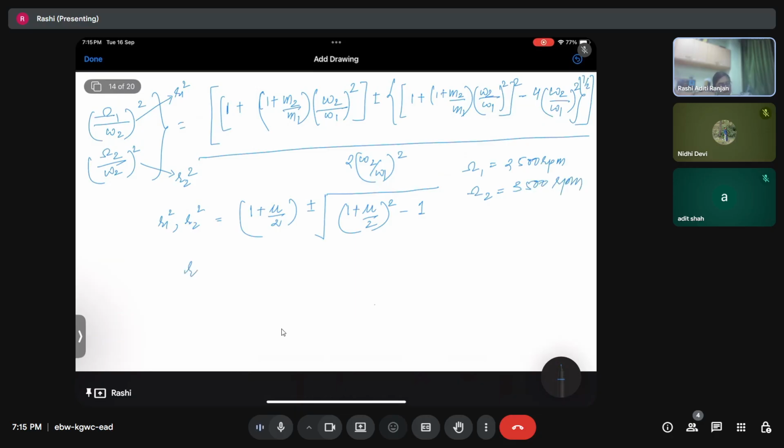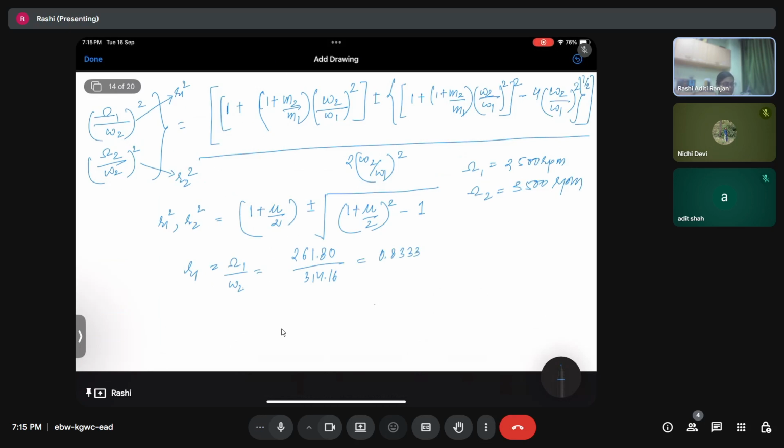So R1 is going to be capital omega 1 by omega 2, which is 2500 in radians per second. I've written the value already, so it will turn out to be 261.80 divided by 314.16, which is 0.8333.